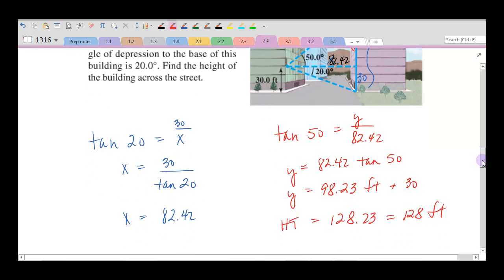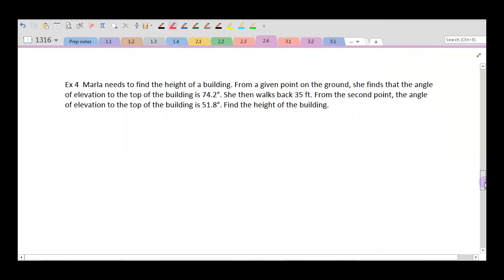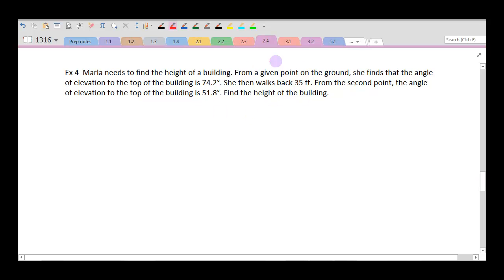One more example I want to show you here is a different way for us to approach this problem, where we again are trying to find the height of a building, but it's talking about elevation based on the ground. We can see here that Marla needs to find the height of a building. We're given a point on the ground, and she finds that the angle of elevation to the top of the building is 74.2.